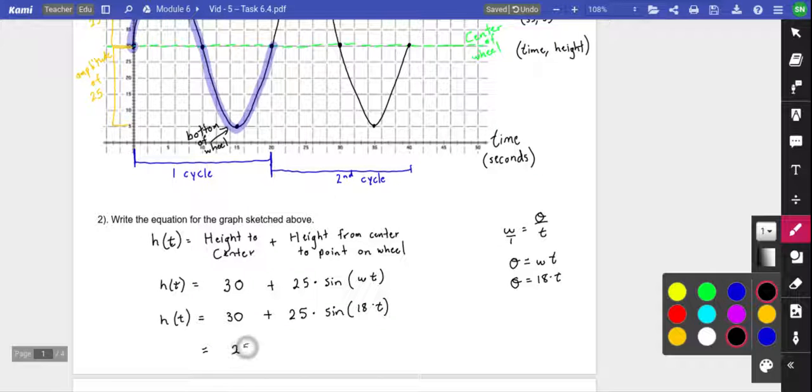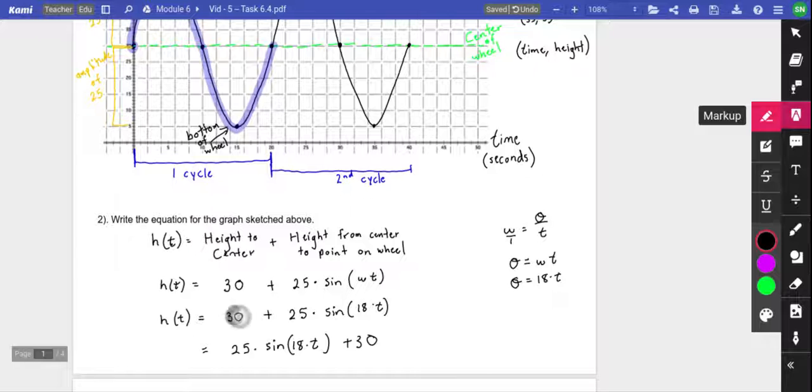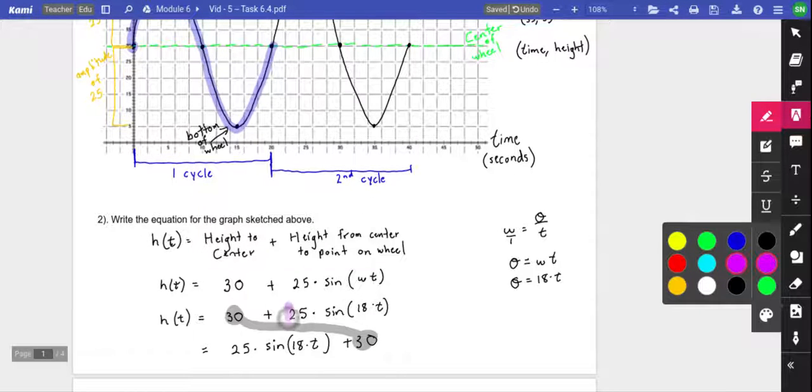We put the 25 times sine 18 times t first, followed by the 30. The only thing that happens is instead of having the 30 at the front, we move it to the back, and we move the 25 sine of 18 times t to the front, but those two functions are equivalent.